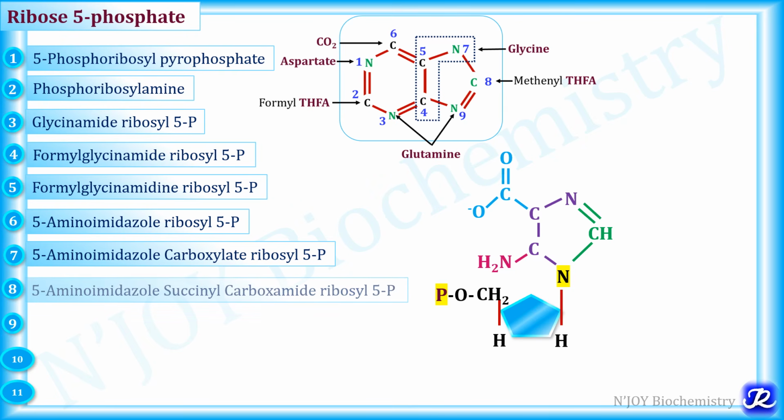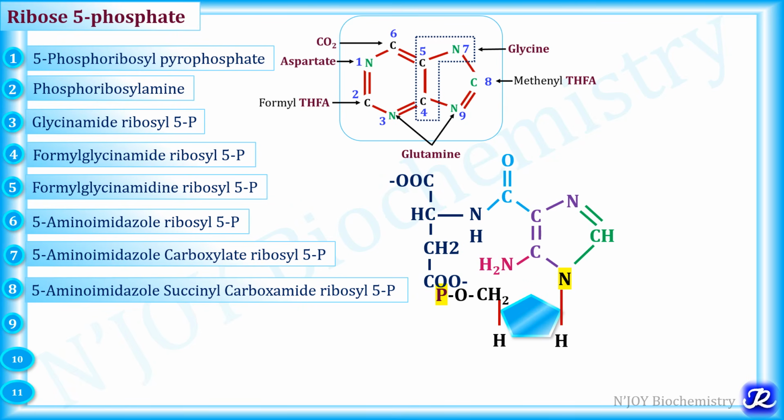In step number 8, there is formation of aminoimidazole succinyl carboxamide ribosyl 5-phosphate. Here the donor is aspartic acid. ATP is also required and this aspartic acid contributes nitrogen 1.